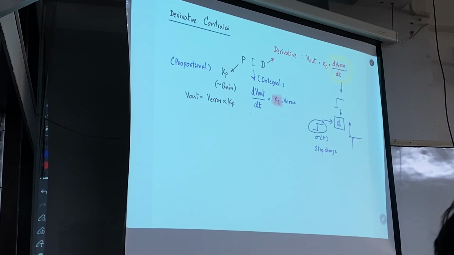That means your output will change a lot when the error changes with large values. But if you have a very small change in the error, then you will have a smaller response at the output. So derivative you use in a system that has inertia.